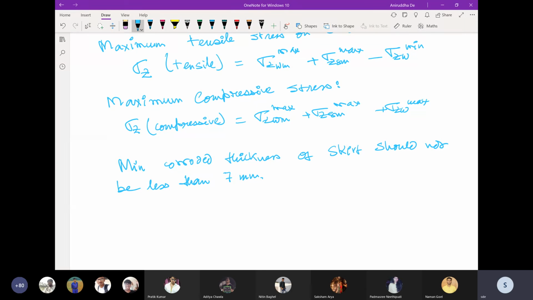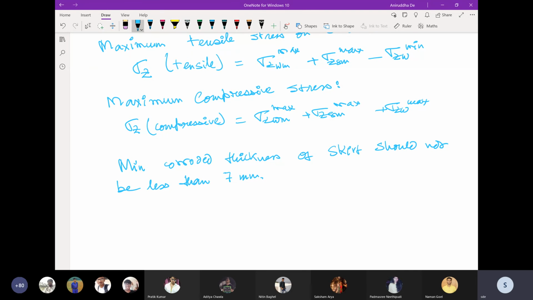So if in your calculation the thickness comes out to be 3 millimeter, you have to take 7 millimeter as the minimum thickness. The bare minimum thickness is 7 millimeter. With a corrosion allowance of 2 millimeter, it becomes 9 millimeter. Even if your calculation gives 3 or 5 millimeter, you have to select a metal sheet of 7 millimeter to prepare the skirt support.